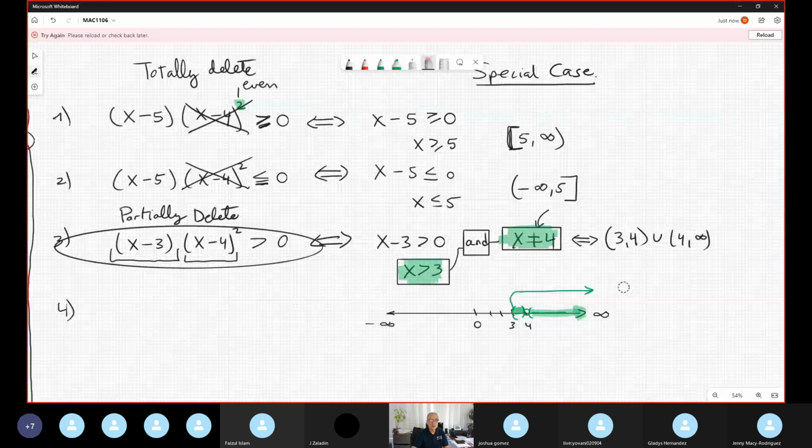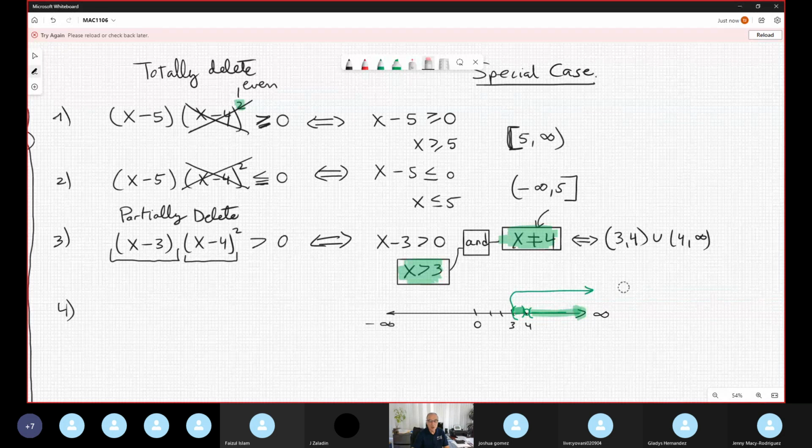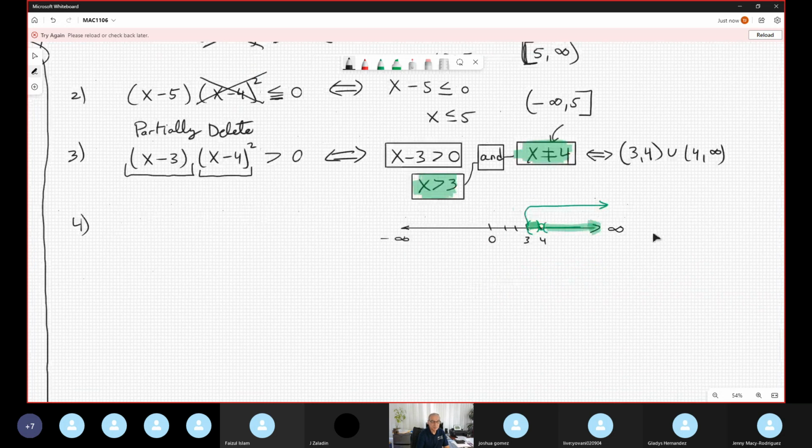However, you convert to a linear inequality, degree 1, but this is a compound inequality, so two inequalities separated by a conjunction. Okay, not bad.